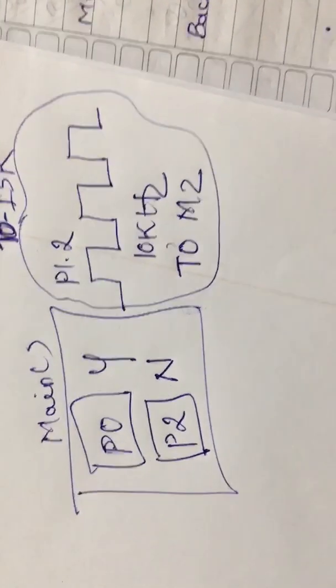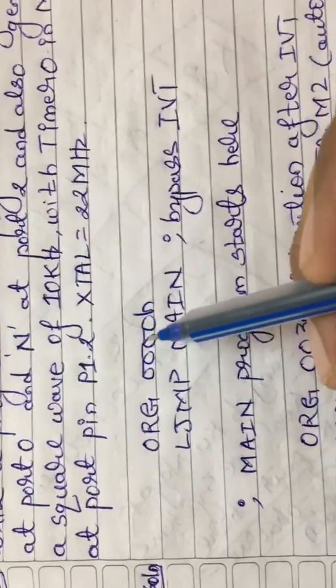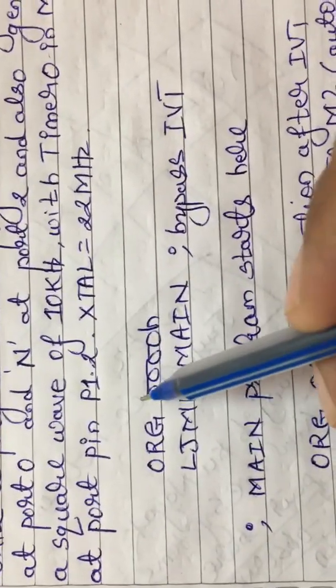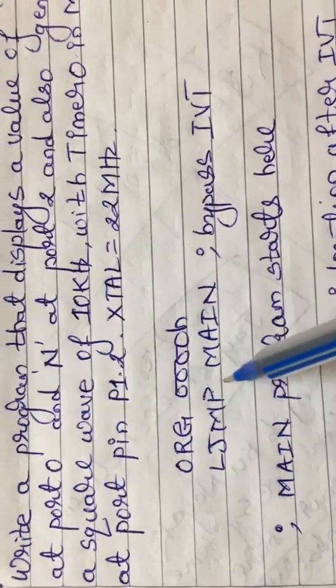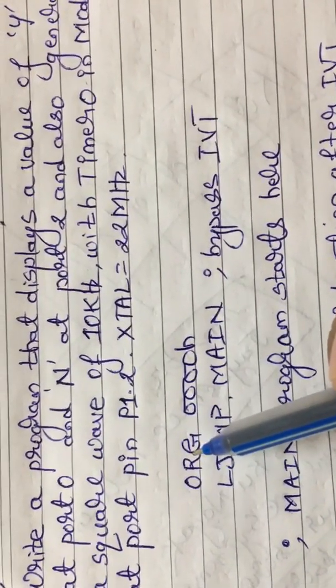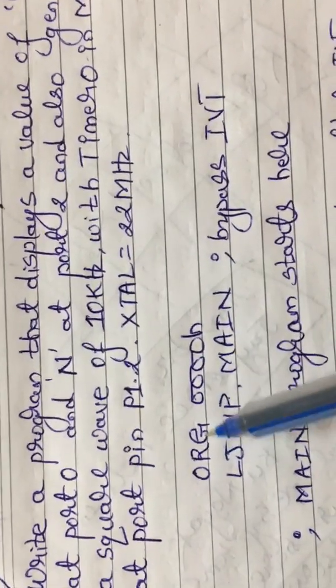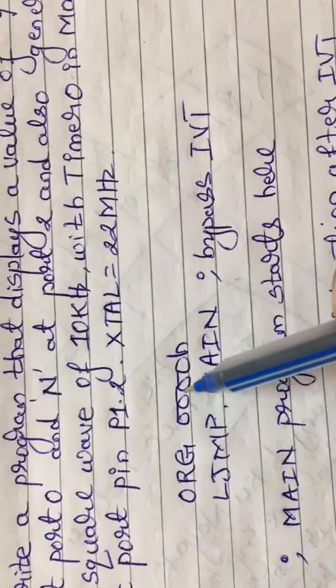Okay, so now let us start the programming. For every interrupt program we need to write these two instructions first. First and foremost, as you know, our program starts with origin 0000H.